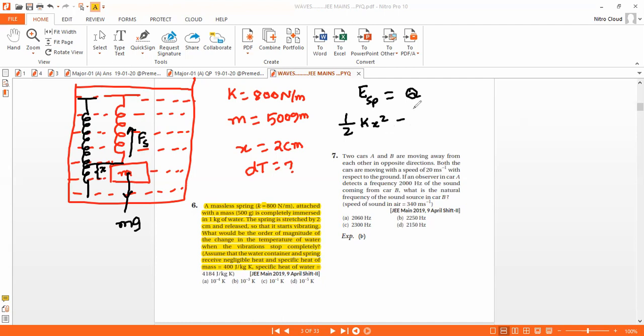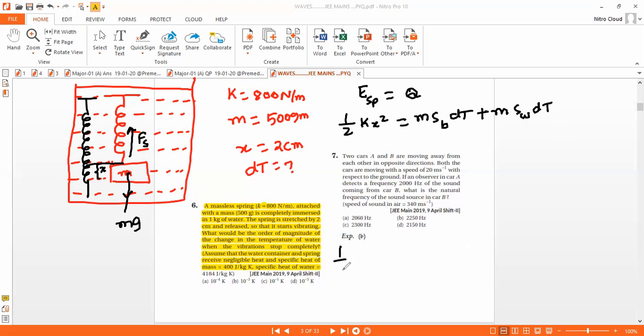And this Q is the heat energy supplied to the block and the water. By the mass m s, I'll keep specific heat of block times change in temperature, and mass times specific heat of water times change in temperature.